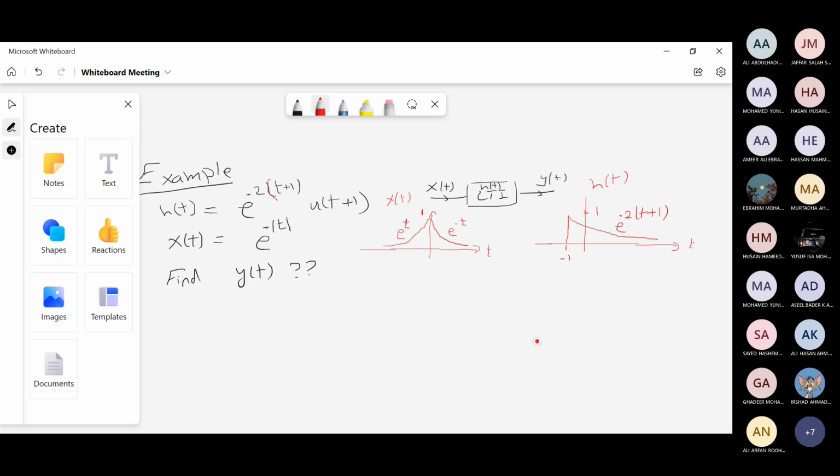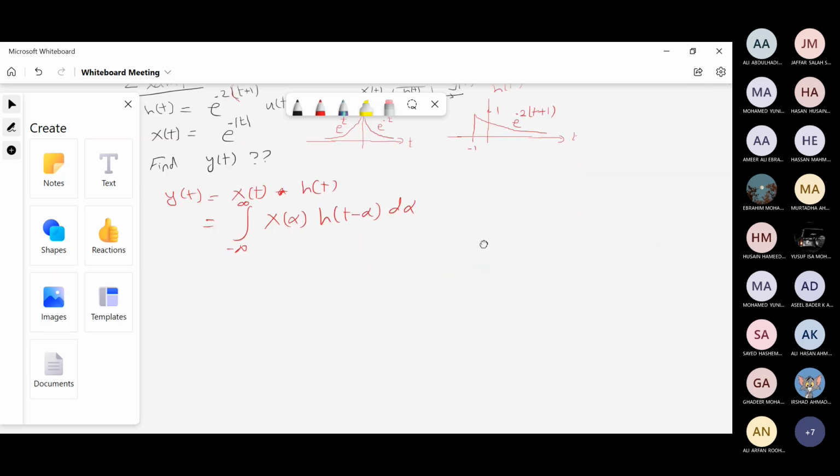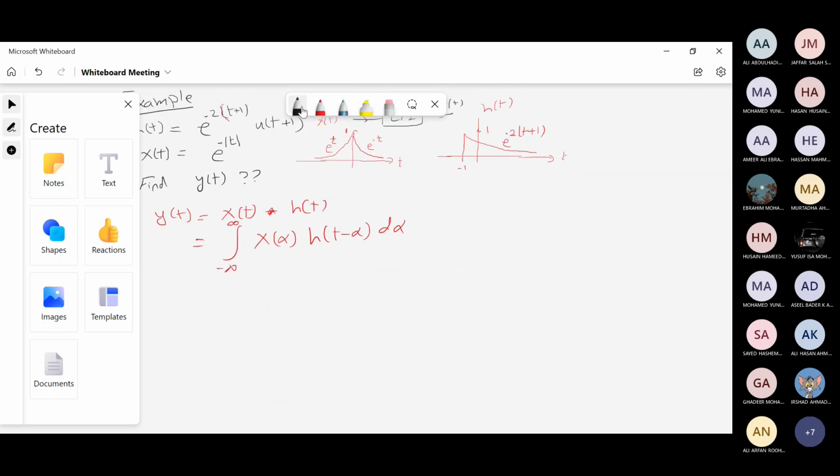Okay, then y of t here is equal to x of t convolved with h of t. So I'm going to fix this one: the integral of x of alpha, h of t minus alpha, d alpha, from minus infinity to plus infinity. Notice the following. So I'm going to fix this.